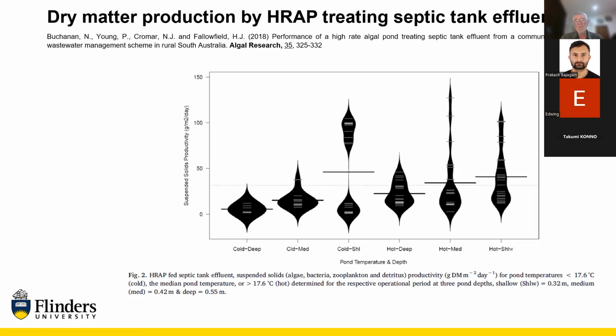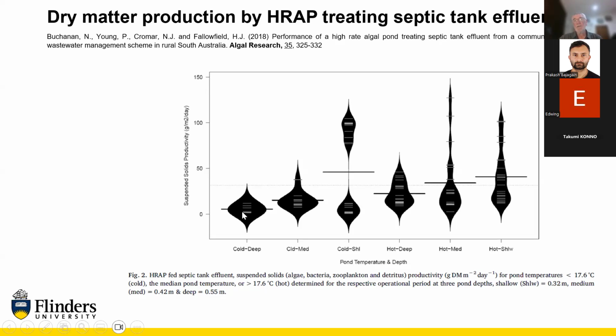They may only be 5, 10 grams per meter squared per day in really optimum conditions as single cultures, provided with CO2 added under pH control, etc. These systems, in terms of biomass production, are enormously productive.